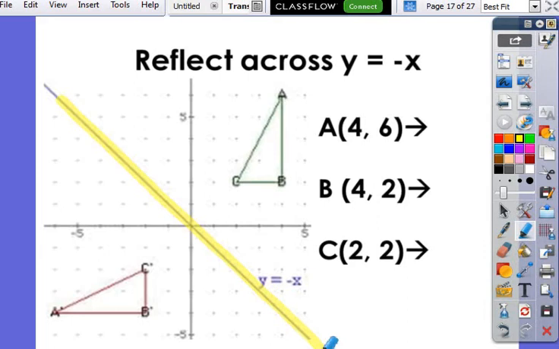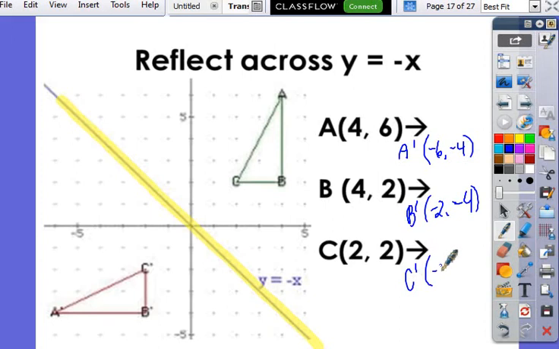So when I get my new points, what is that (4, 6) going to become? (-6, -4). I take both signs, change them, and then swap the position. B prime is (-2, -4). C prime, negative 2.